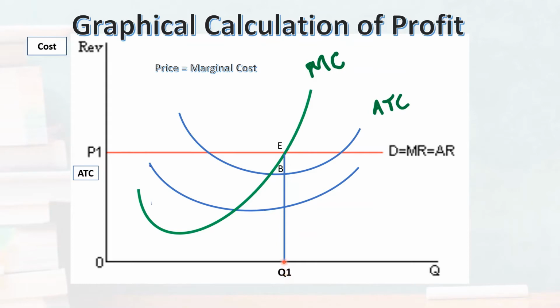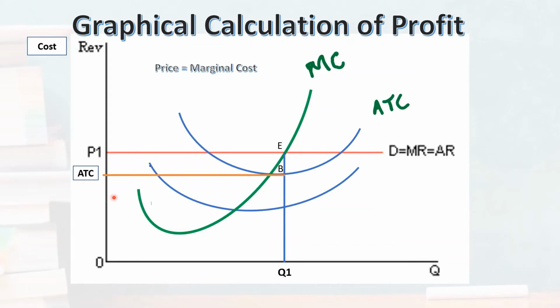For that, we have to move from this Q1 level up to the average total cost curve, and then move across to the price axis or cost axis. This will give you the value of the average total cost. Or you can move from this point of intersection on the average total cost and then move to the cost axis or price axis. So the average total cost to produce Q1 is ATC.